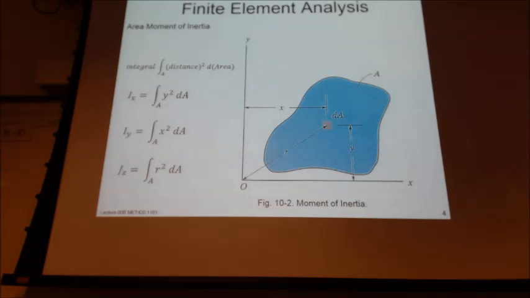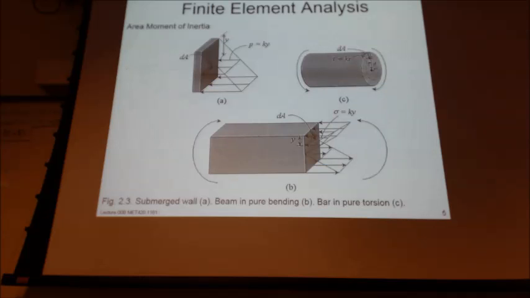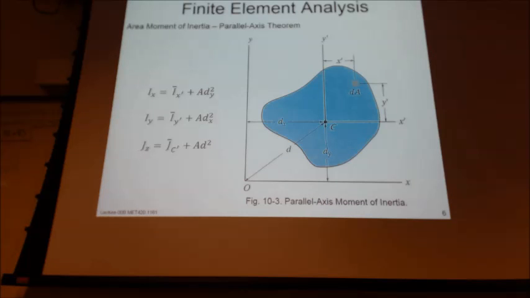So, examples of where we use area moments: dealing with beams, a submerged wall, or our bar in torsion is going to be a polar moment of inertia as opposed to a rectangular moment of inertia, right? And then parallel axis theorem.